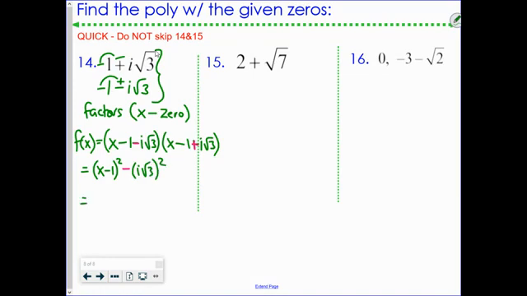So this would give you x minus 1 squared, multiply it out. If you need to do it on the side on a piece of paper, do. x squared minus 2x plus 1 minus, the i squared would be negative 1. The root 3 squared would be just 3. So you're subtracting negative 3, which turns into adding 3.